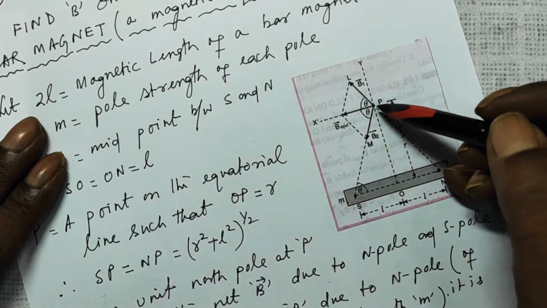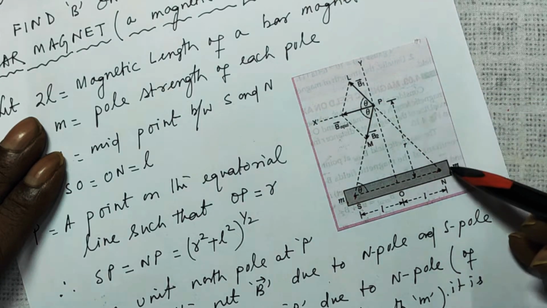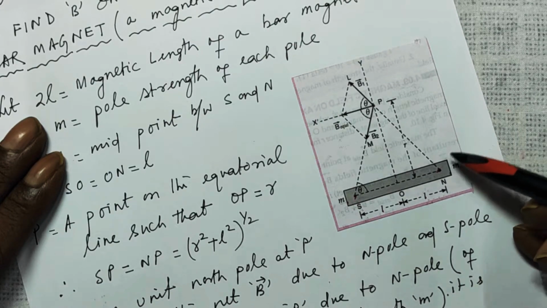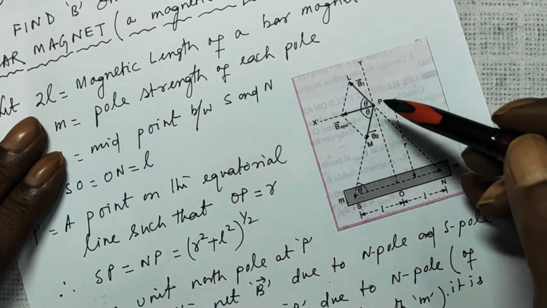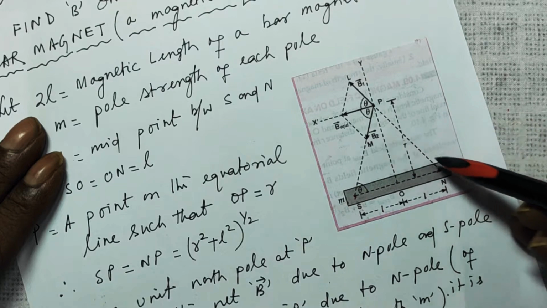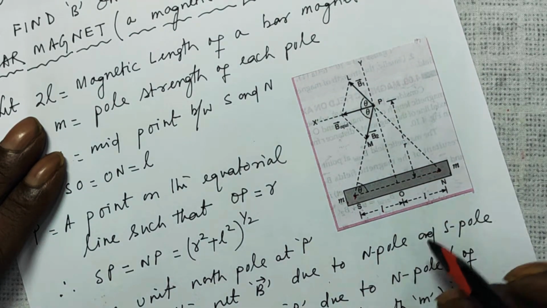So what I have to do is keep a unit north pole here and find out the net force on it. This unit north pole will be repelled by this north pole. As we know, two similar poles repel, and this unit north pole will be attracted by this south pole to this side, and repelled to this side, right?